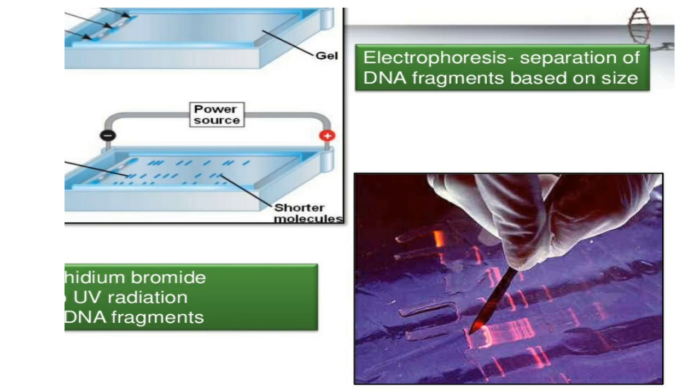See the picture of gel electrophoresis, and on the right side, ethidium bromide and ultraviolet radiation show the bands of DNA on the photographic plate.